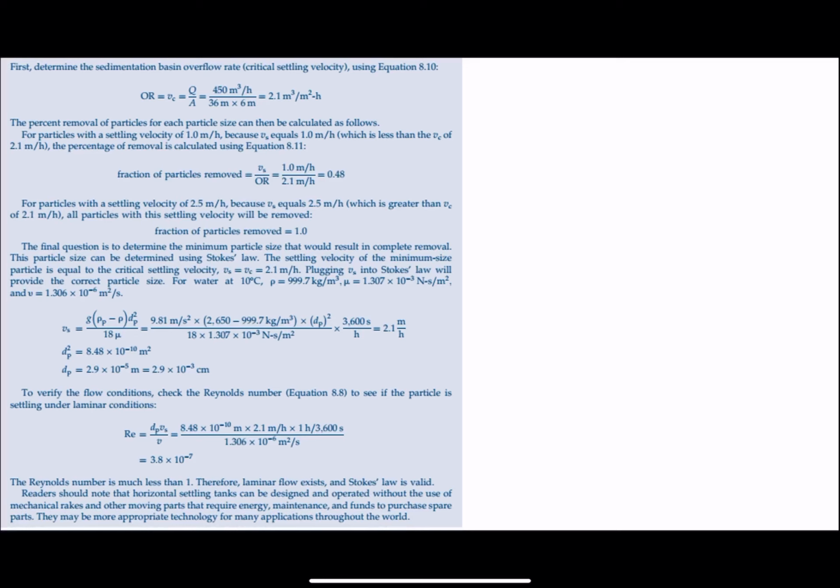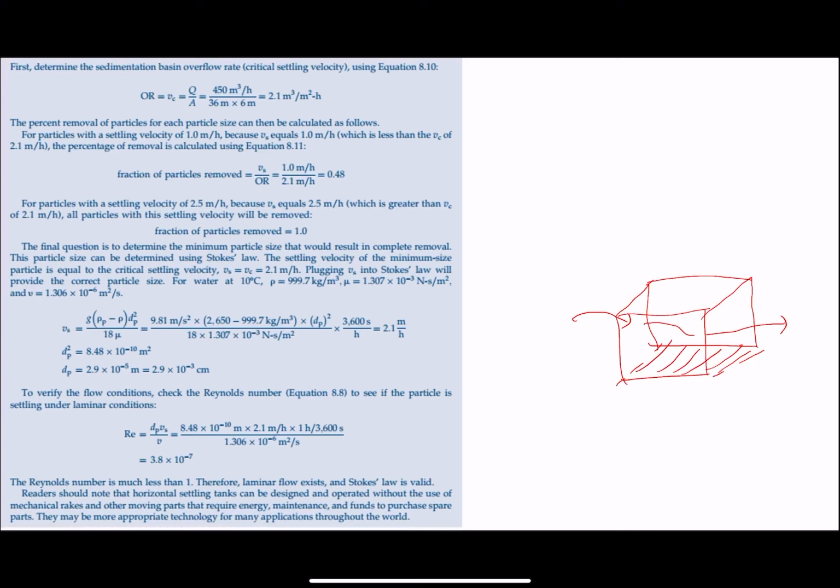So, this is a horizontal flow tank. As we mentioned, the flow of the water is occurring horizontally. The water is moving to the other side. So we are calculating the particles that will settle at the bottom of this tank.